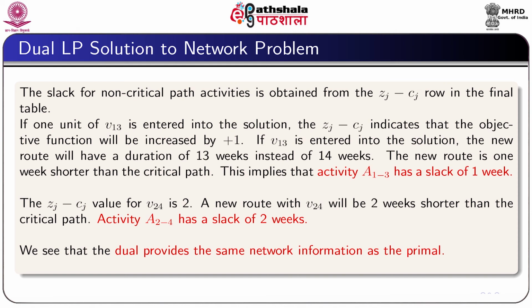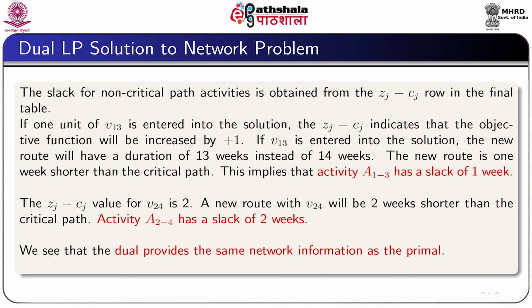If one unit of v13 is entered into the solution, then zj minus cj indicates that the objective function will be increased by plus 1, and the new route will have a duration of 13 weeks instead of 14 weeks. The new route is 1 week shorter than the critical path. This implies that the activity 13 has a slack of 1 week.